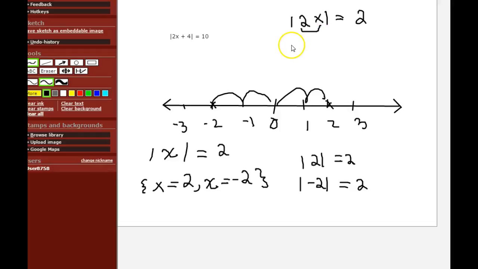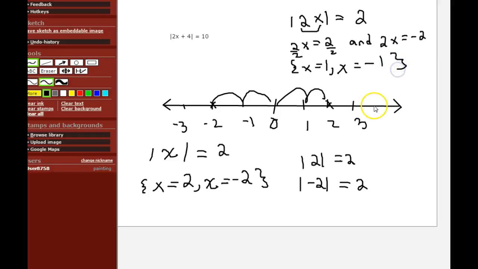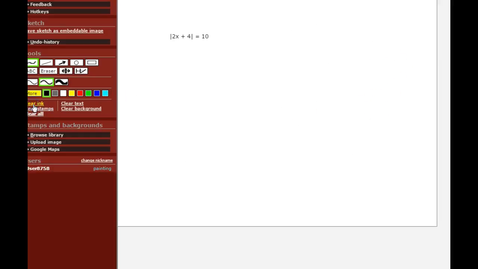There are two choices. So you let 2x equal positive 2, and you let 2x equal negative 2. Solve them separately, dividing by 2 on both sides. So x is equal to 1, and x is equal to negative 1. There are two solutions.